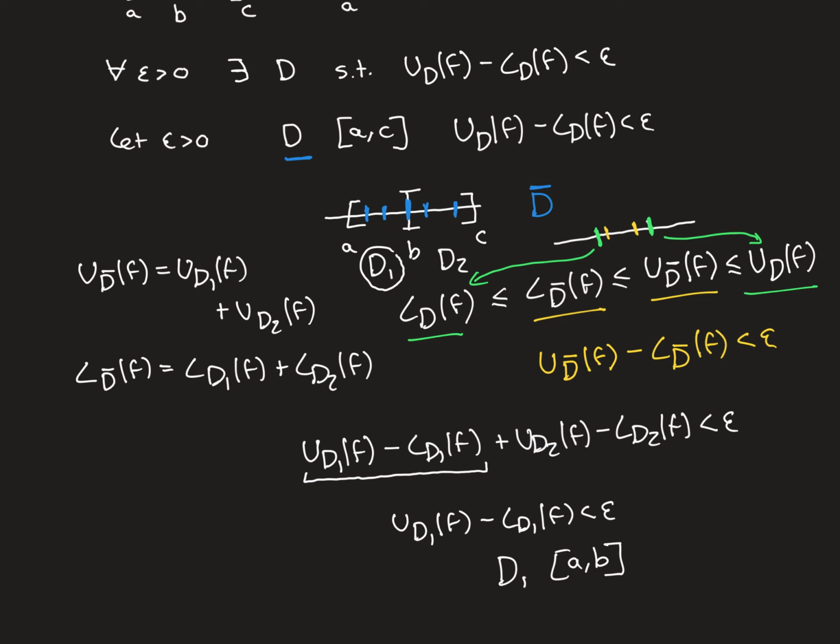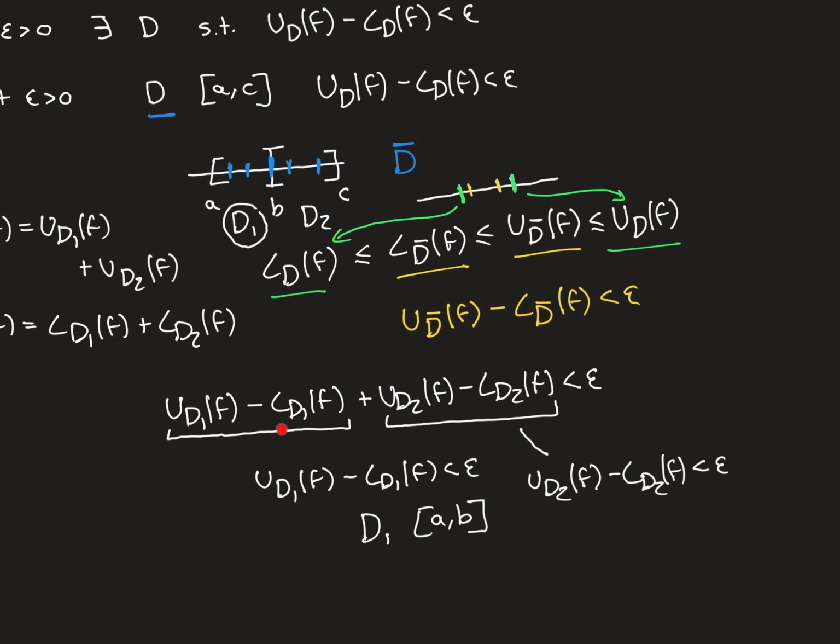What's it bounded by above? It's bounded by epsilon minus this positive number, so it's certainly bounded by epsilon, therefore we can conclude that it's less than epsilon. And therefore, through this same argument, I've managed to construct a dissection of the interval BC. Remember, D2 is a dissection of the interval BC such that the difference between the upper and the lower Riemann sum is less than epsilon.